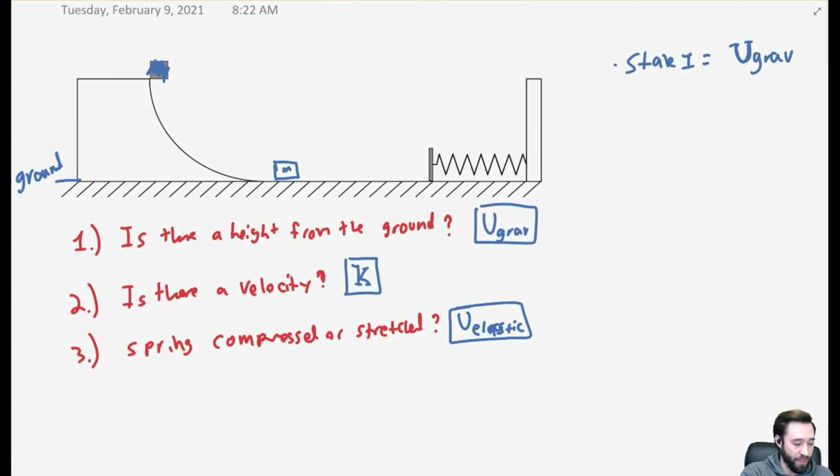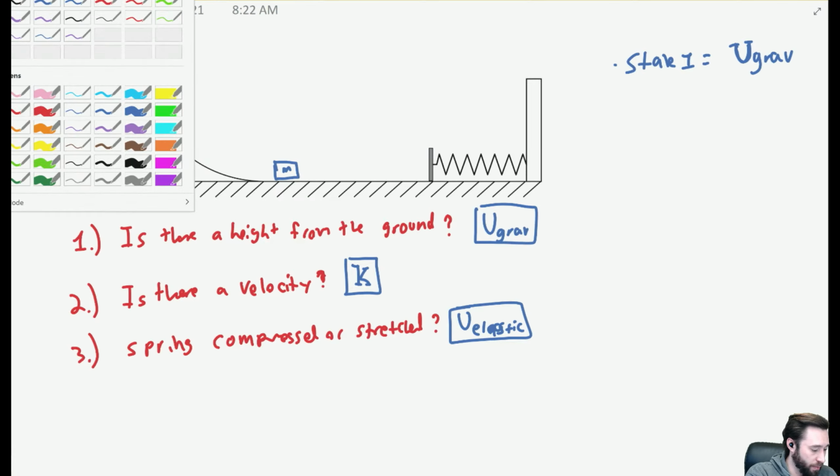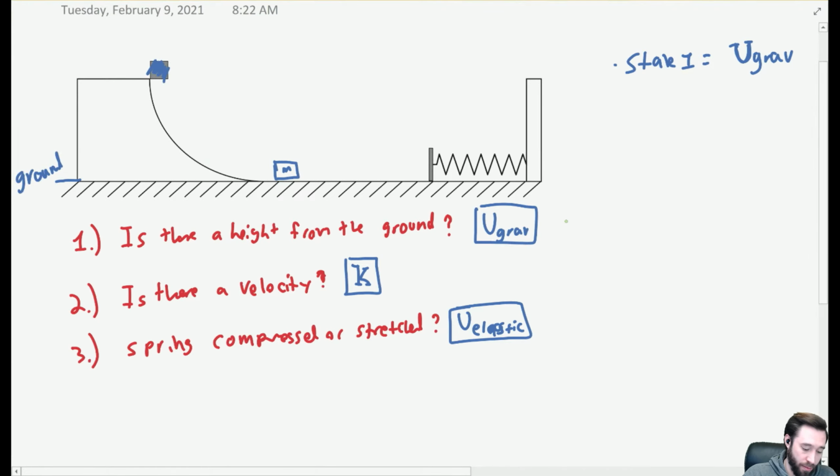So once it's reached the bottom of the ramp, is there a height from the ground? Nope, it's traveling across the ground. Is there a velocity? When something is slid down a ramp, obviously it's moving once it hits the bottom, and we're assuming no friction.